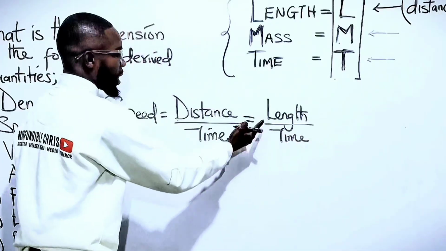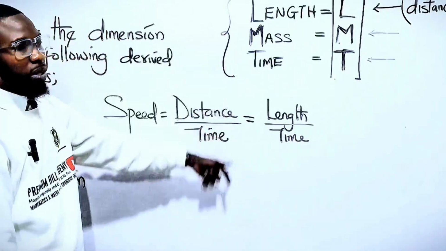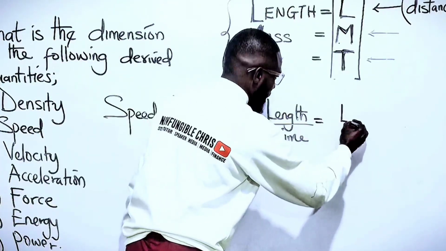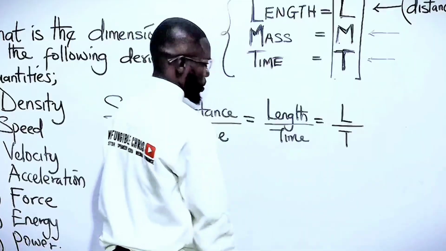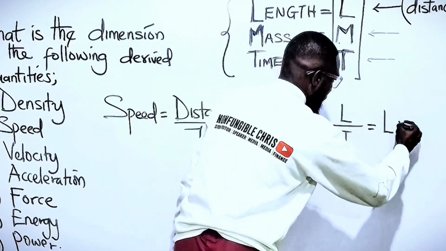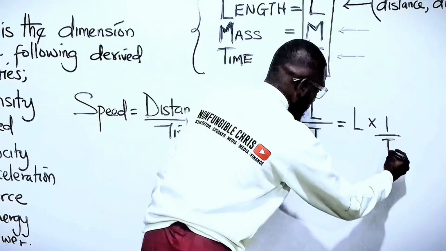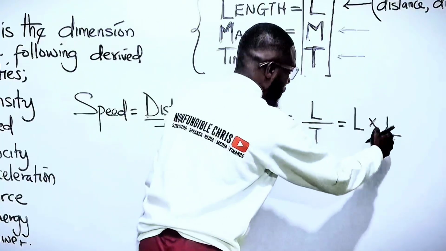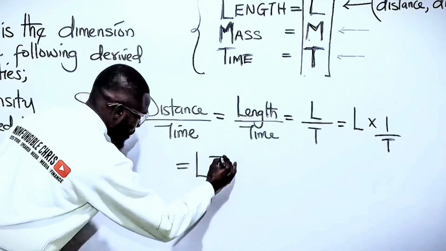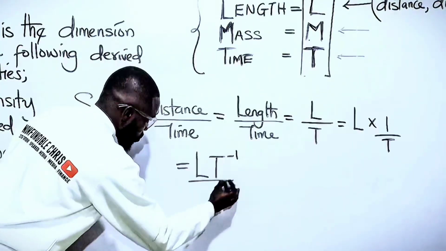Now both length and time are what? A part of our fundamental quantities. By doing that, we replace them by their first letter, L over T. In doing that, we're going to make it L times 1 over T, such that if we express 1 over T, we're going to have LT raised to the power minus 1.